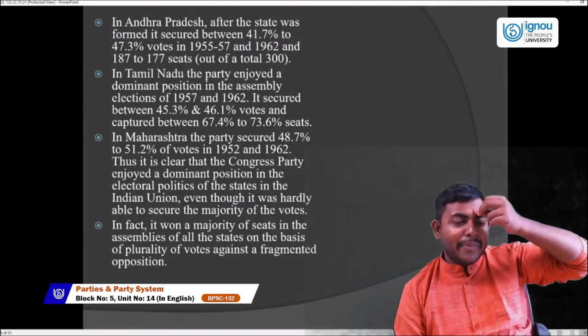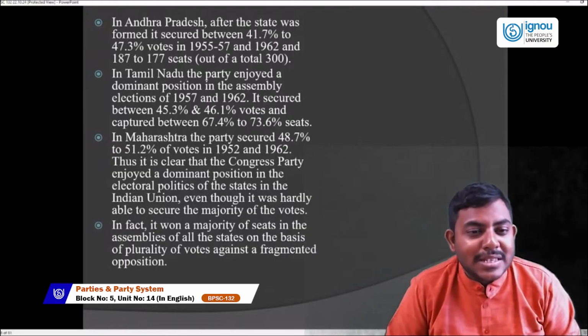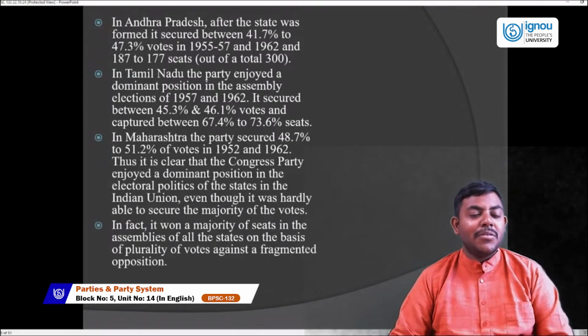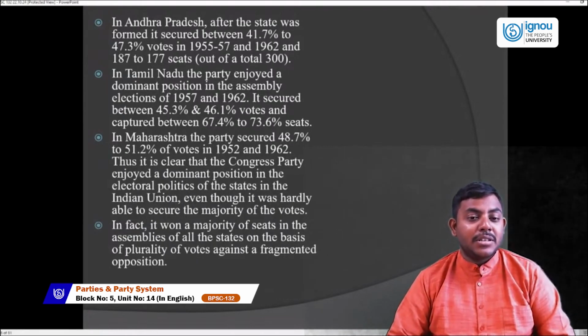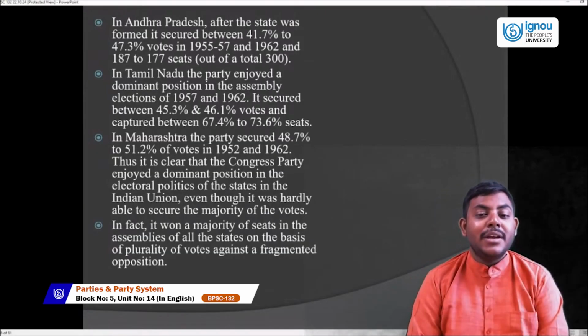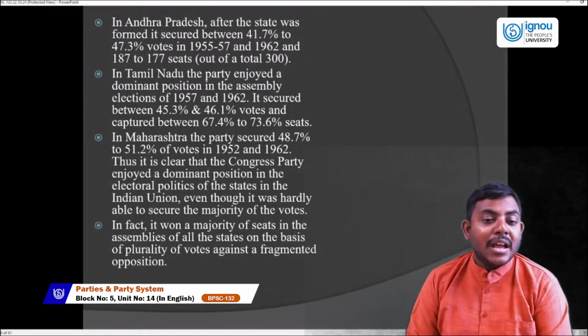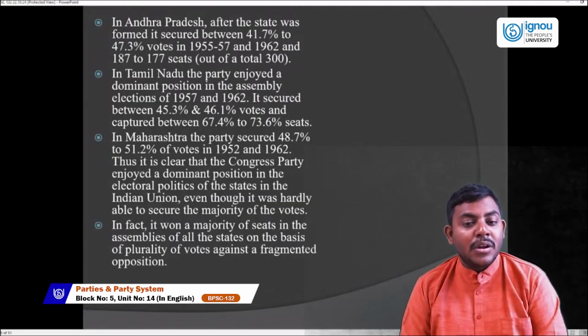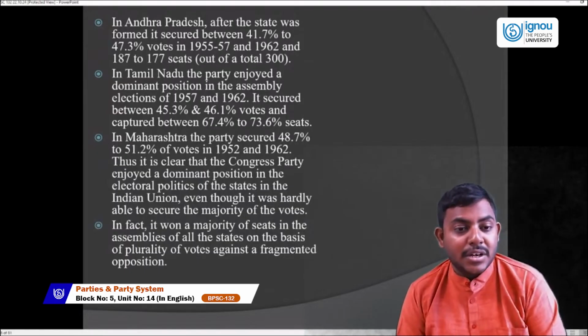In Tamil Nadu, the party enjoyed a dominant position in the assembly elections of 1957 and 1962. It secured between 45.3 and 46.1% votes and captured 67.5 to 73.6% seats. In Maharashtra, the party secured 48.7 to 51.2% votes in 1952 and 1962.